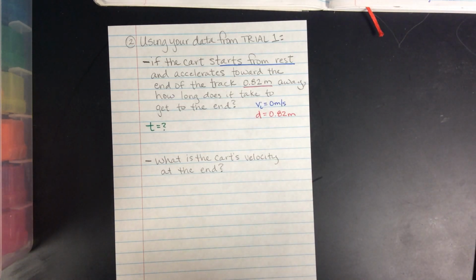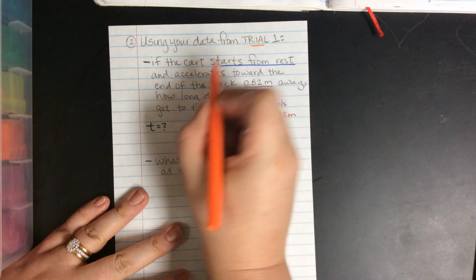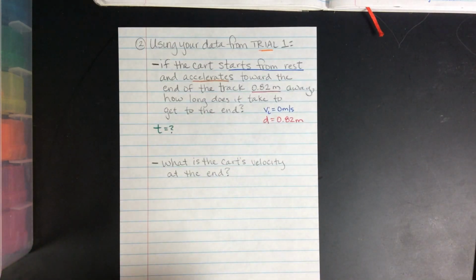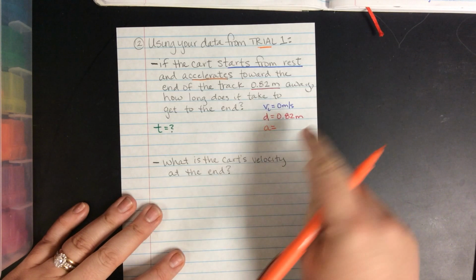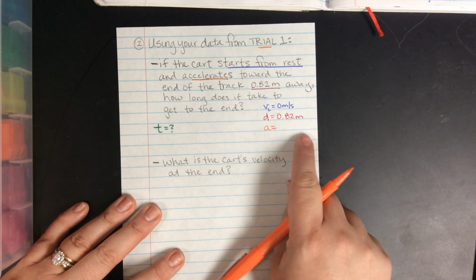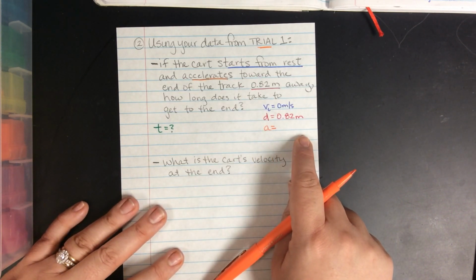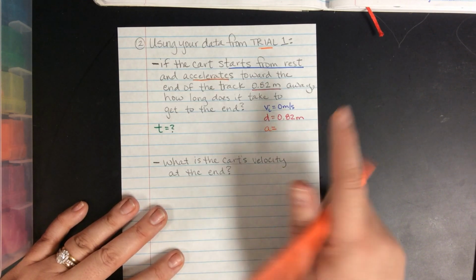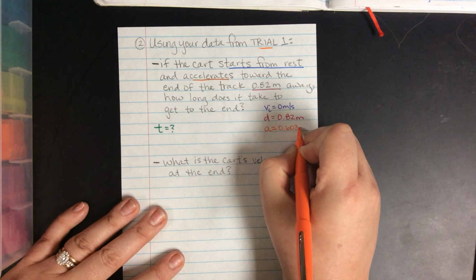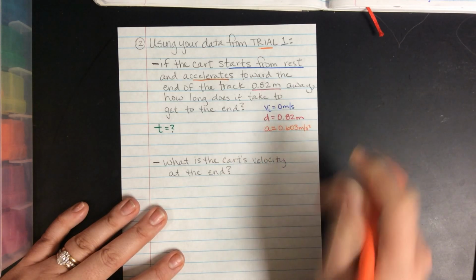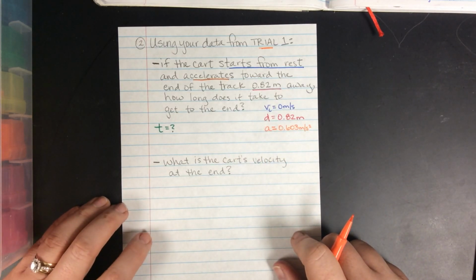And you're using your data from trial 1, okay? So you have an acceleration for trial 1. You're going to plug in whatever your acceleration is. It is not going to be the same as mine. So my acceleration was 0.603 meters per second squared.